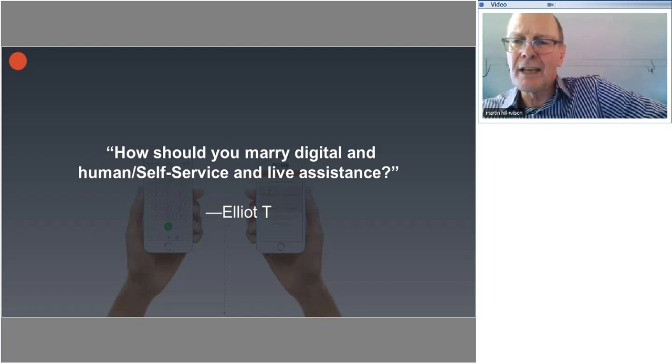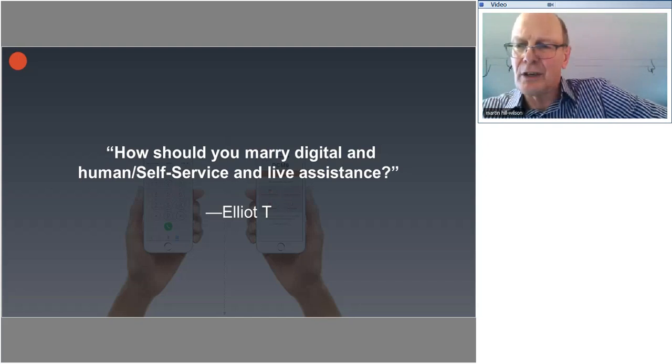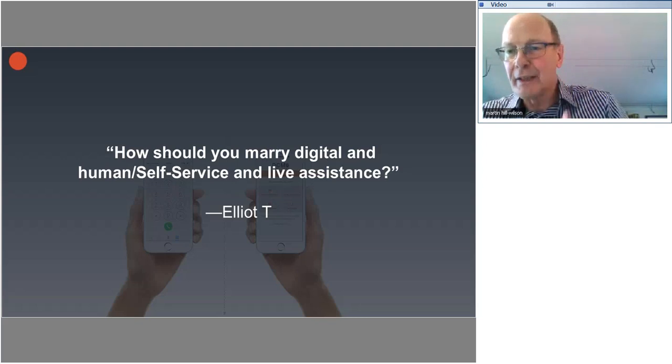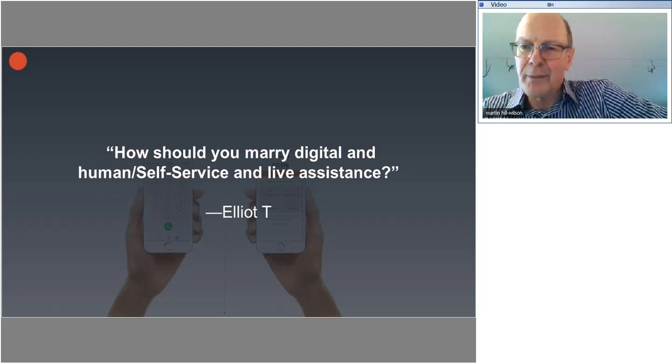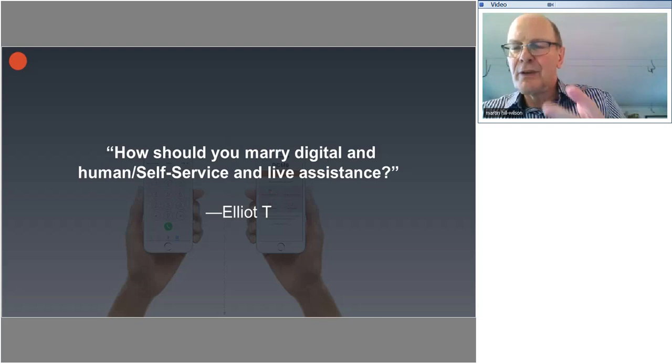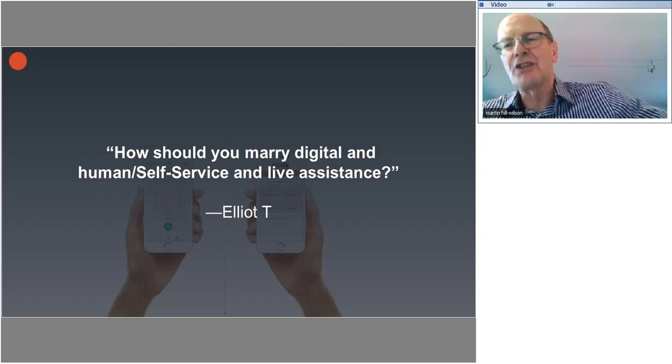And I think that's not necessarily something the customer is going to gravitate towards, but the brand may well say, hey, we have an opportunity for renewing a customer relationship at the end of a cycle, like an insurance customer. We want to be investing some human capital at this particular point and building something that means they're going to stay with us. So I think in those three situations, emotion, complexity, and relationship building, then we want to be inserting live assistance as and when required.